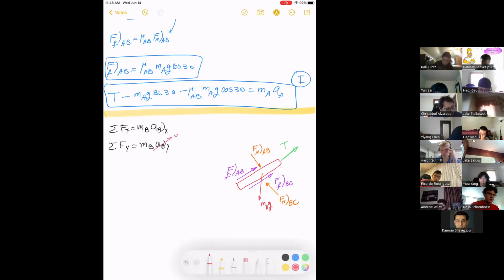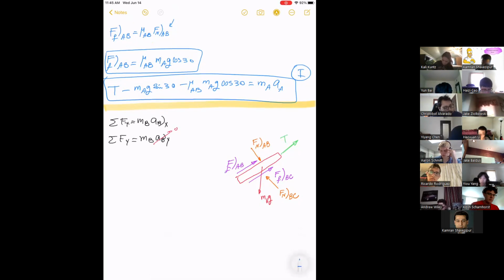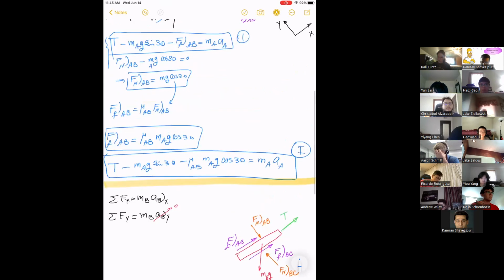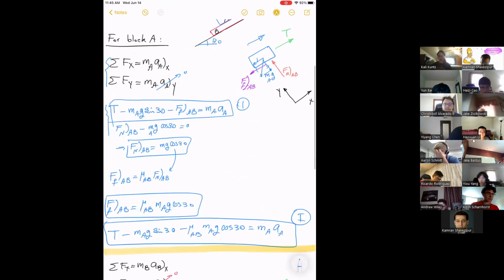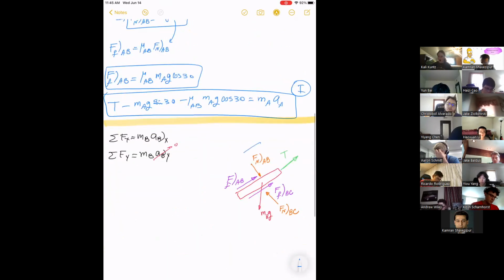So that makes life easier. Now, which direction B moves? Up or down? If A goes this way, B is going to go this way, right?